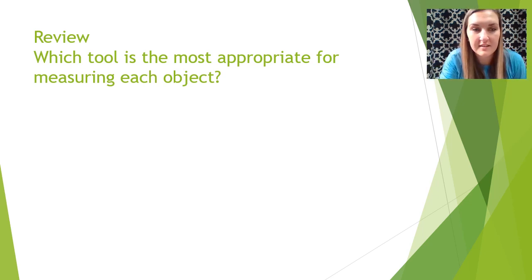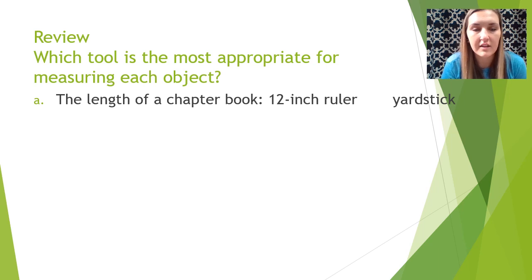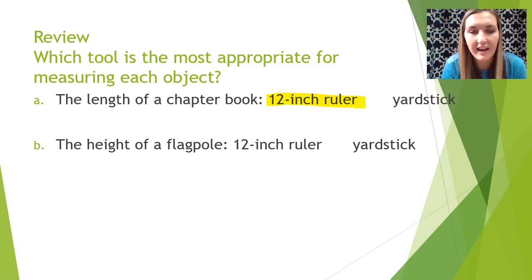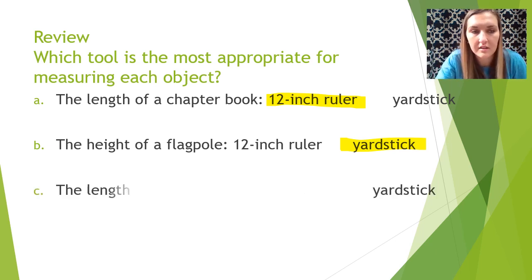So we're going to choose 12-inch ruler for each object or a yardstick. All right, think. The length of a chapter book. Show me your hands. What do you think we should use? 12-inch ruler. If you got that right, give yourself a silent cheer. Next one. Height of a flagpole. Flagpole is very tall, so we would need a yardstick to measure that.